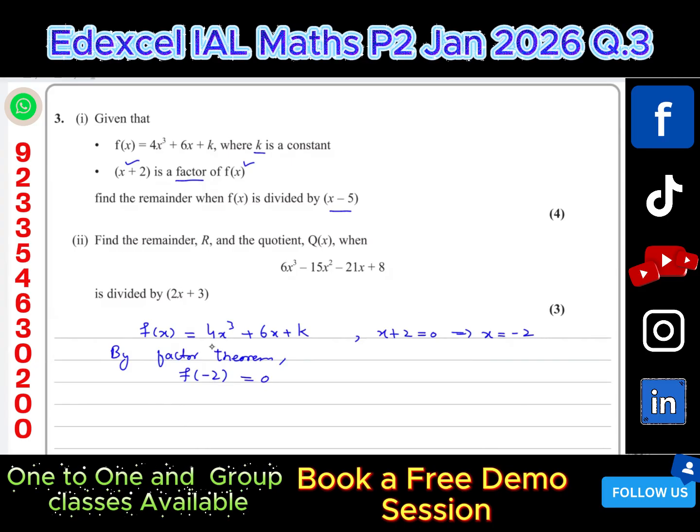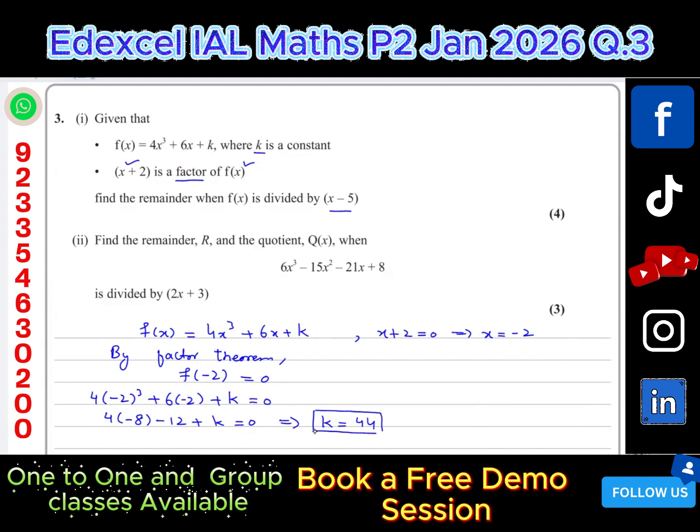Put this value of x in the polynomial to get 4 into minus 2 raised to power 3 plus 6 into minus 2 plus k is equal to 0, which gives minus 32 minus 12 plus k is equal to 0. And it gives k is equal to 44.